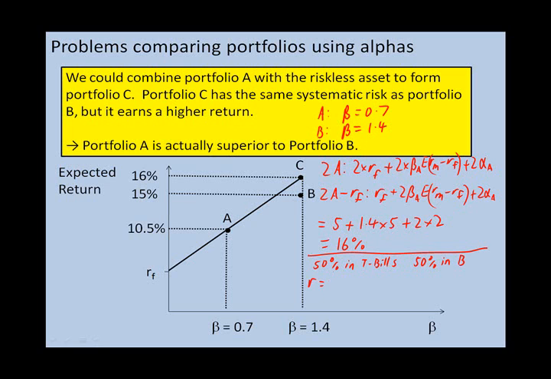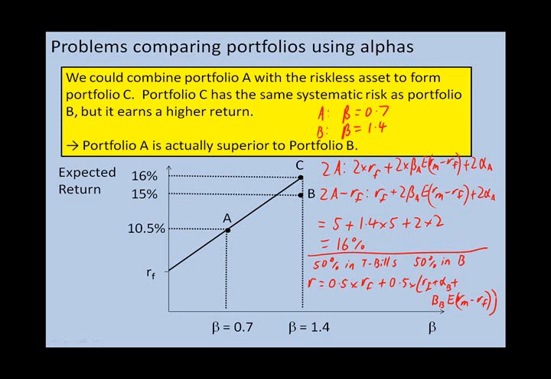Our return is going to be equal to, we invest 50% in the risk-free rate, RF, and we invest 50% in Portfolio B, which is equal to the risk-free rate plus the alpha for Portfolio B plus the beta for Portfolio B times the expected market risk premium. Close the brackets.